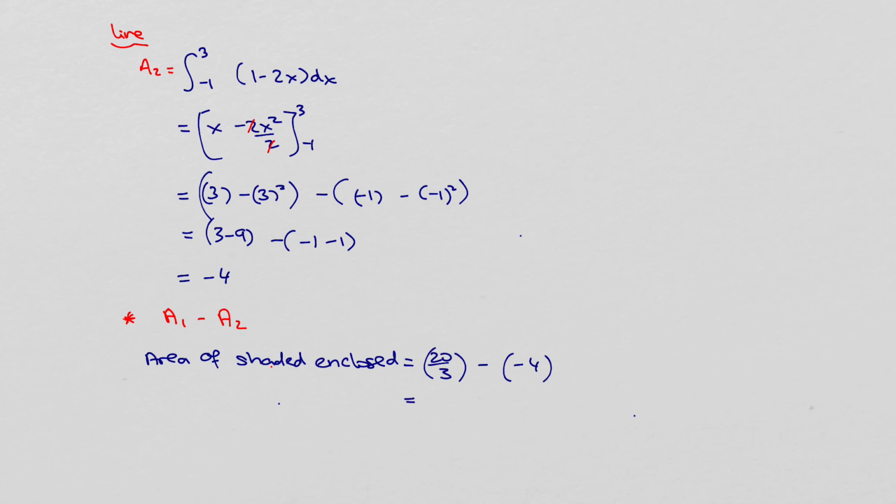Okay, so you can see normally if we were doing above and below the x-axis for 2 separate pieces, we would get the absolute values and add them. So in this case, we're using it as one continuous piece, so we're getting the area between the limits and subtracting our 2 answers. So 20 over 3 plus 4 then is 10 and 2/3 square units.